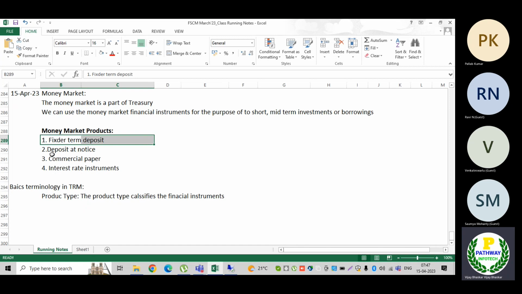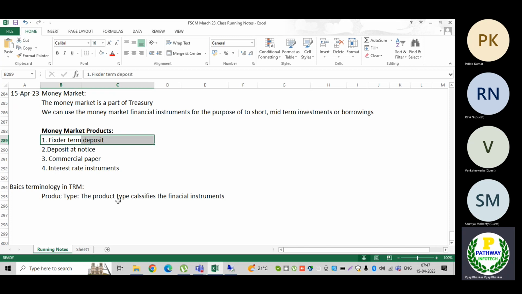And let us assume forex, a spot transaction, that will be a different product type. So the product type which we use for the classification of financial instruments tells us what kind of product this is, and under which treasury component we have done either the investment or the borrowing.